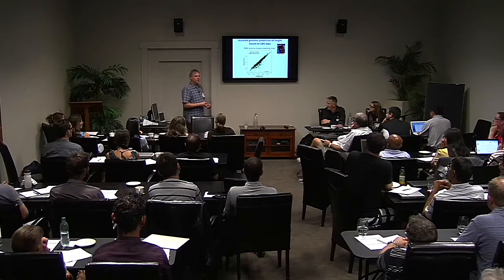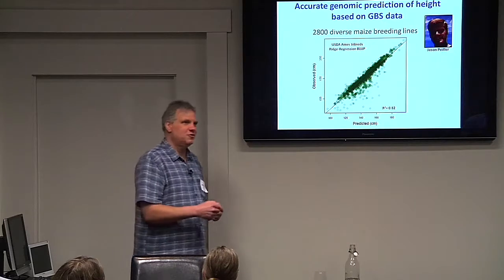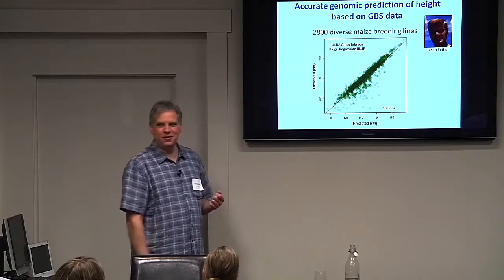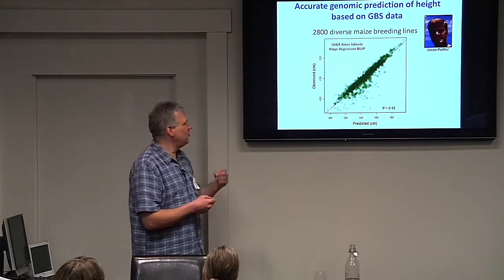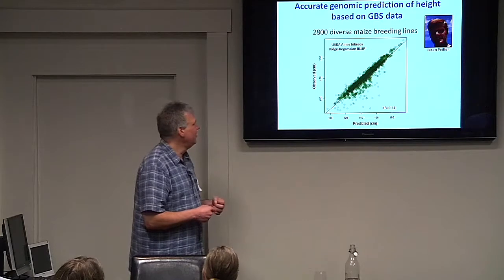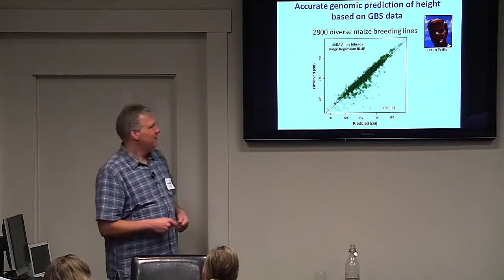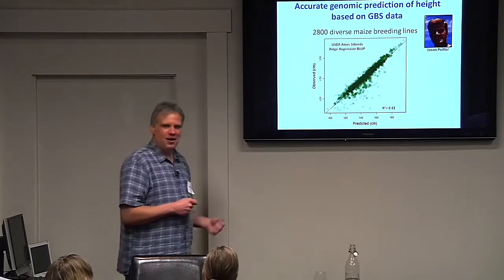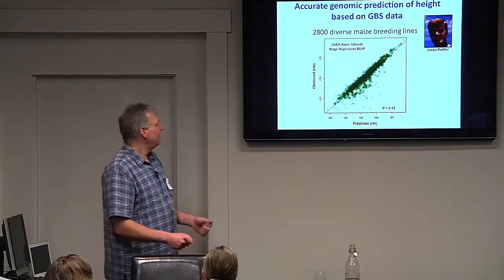When you do GWAS, it's really important to control for population structure because it can give you false positives. So when you do genomic prediction and you don't account for population structure, the markers can just be telling you what population it came from. And tropical lines, when you grow them up north, tend to grow taller than temperate lines.